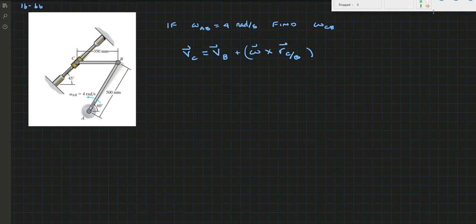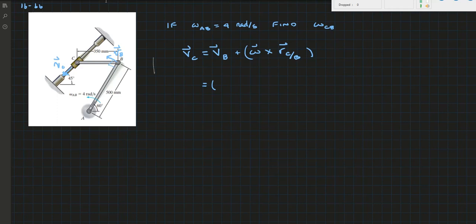Okay, I'm going to guess that the velocity of C is heading down here, and the velocity of B, since this rod is spinning around this fixed point here, is going to be perpendicular to this.